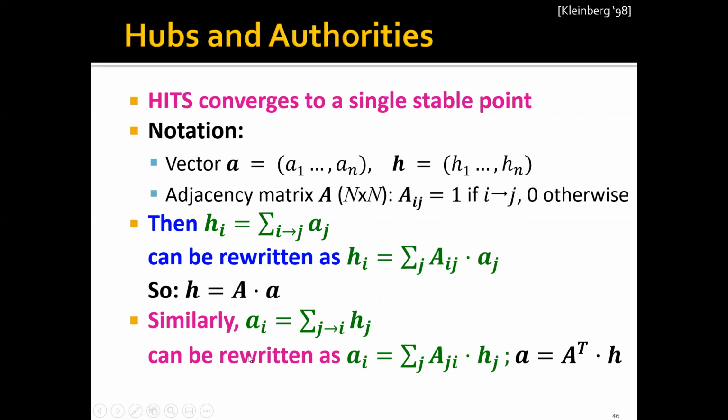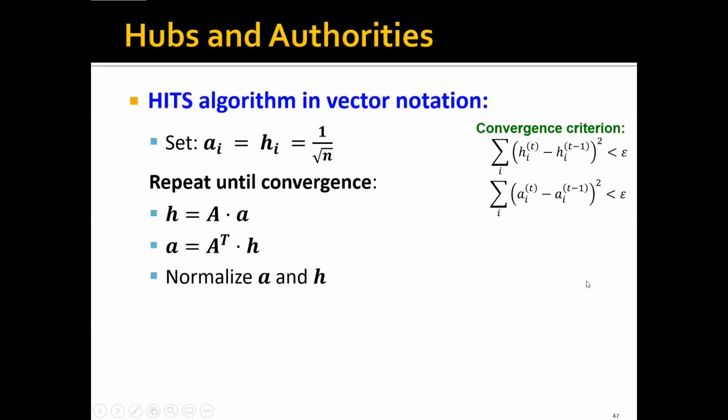And similarly, the equation of updating the authority score can be rewritten in matrix form as: a is equal to capital A transpose times h.